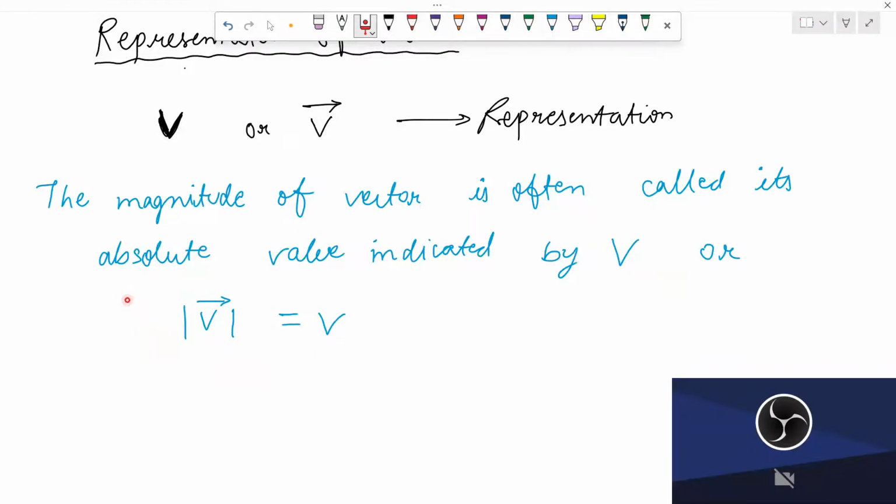These all three will indicate the magnitude of vector. Is it clear?